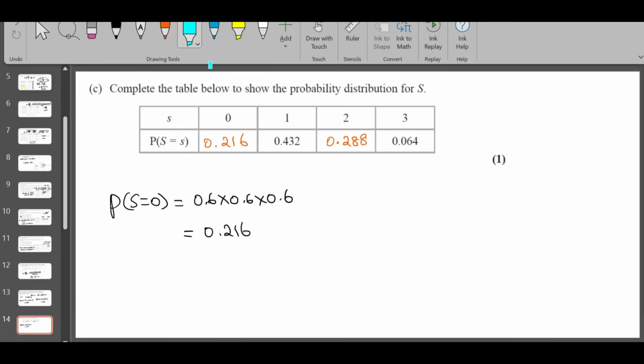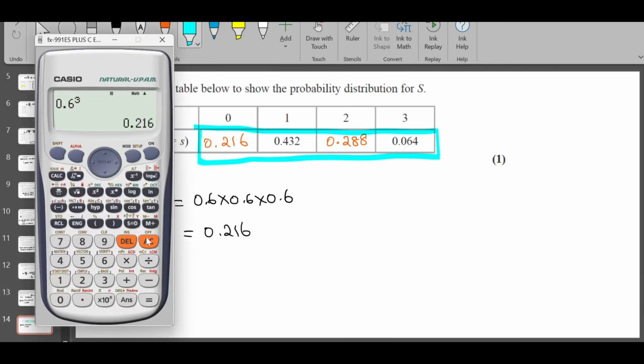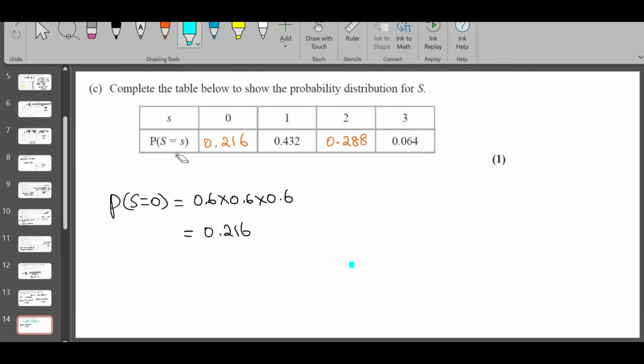Whenever you draw a probability distribution table, make sure the sum of the probabilities is equal to 1. So 0.216 plus 0.432 plus 0.288 plus 0.064 is 1. That means it's perfect.